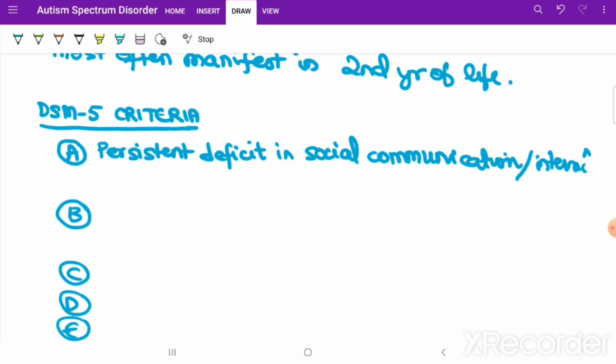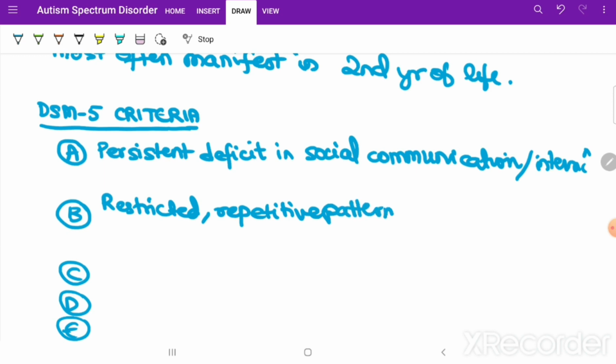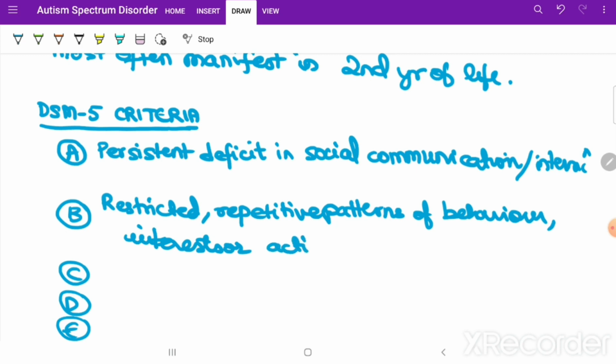The second criterion says restricted, repetitive patterns of behavior, interest or activities. In this there can be any 2 of 4. The first one is stereotyped or repetitive motor movements, use of objects and speech.